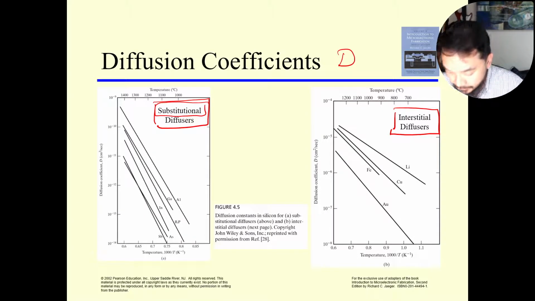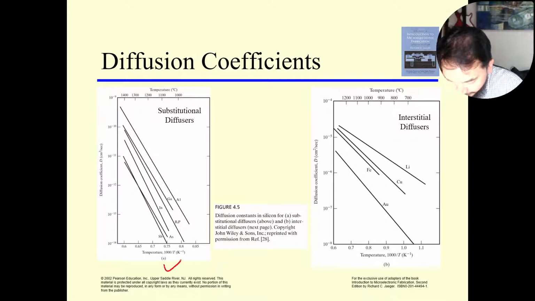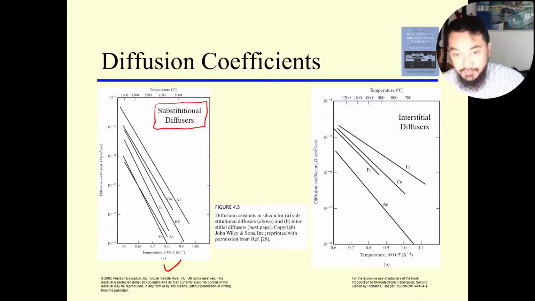So as you can see here, in this graph, graph A shows all the types of dopants that normally undergo substitutional diffusion inside silicon, for example gallium, aluminium, indium, phosphorus, boron, arsenic. This one is antimony, SB.